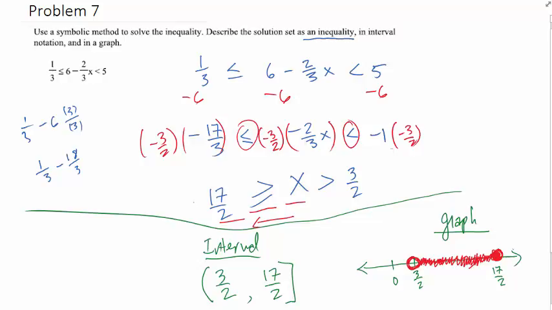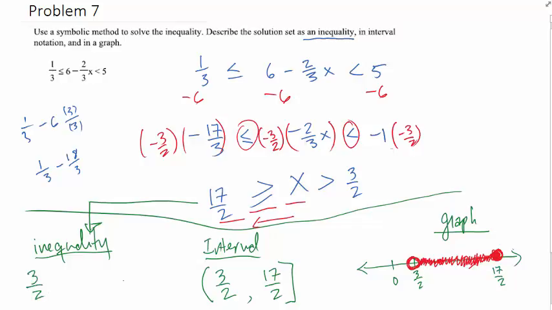So finally, let's take a look at the inequality. We generally don't want to write inequalities in the way we got it. We want to go from the lesser value to the greater value. So the thing to do here was to write this in order from smallest to largest.